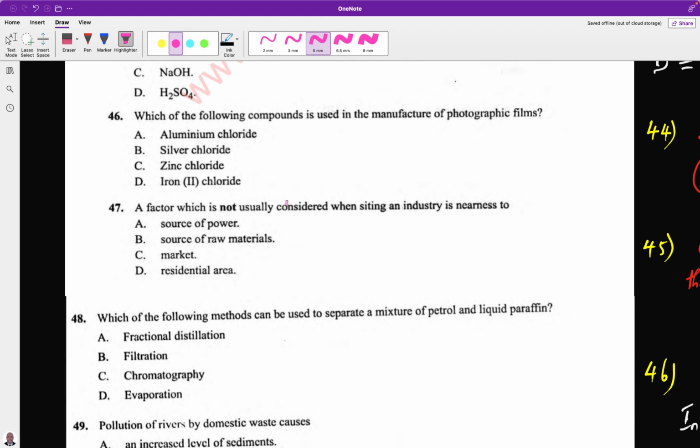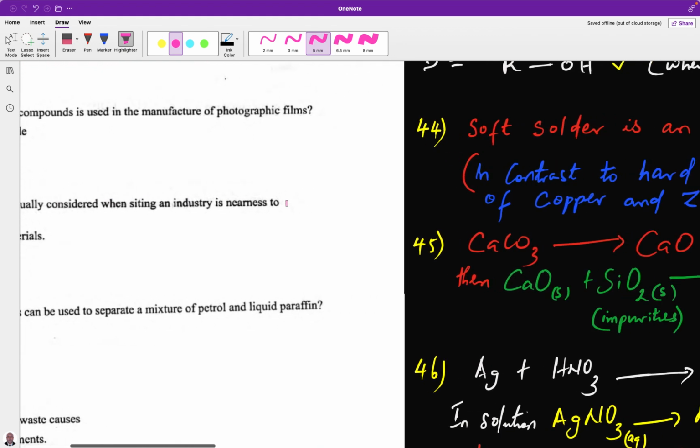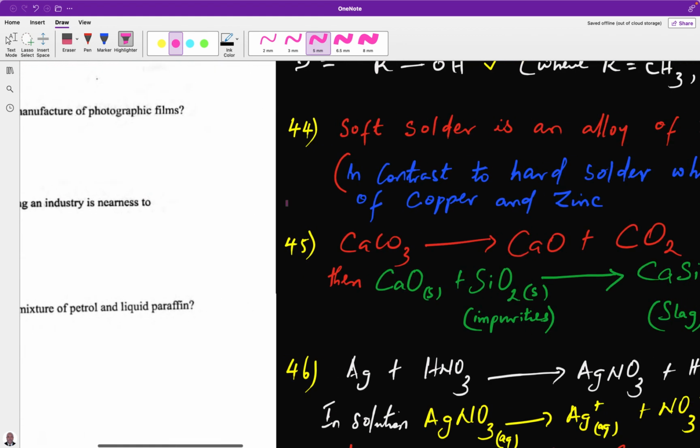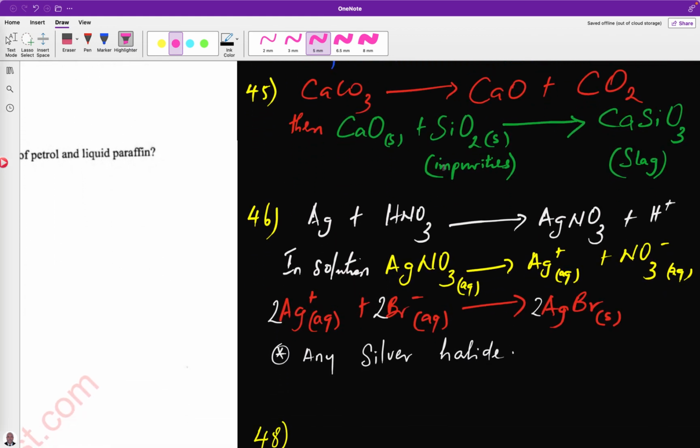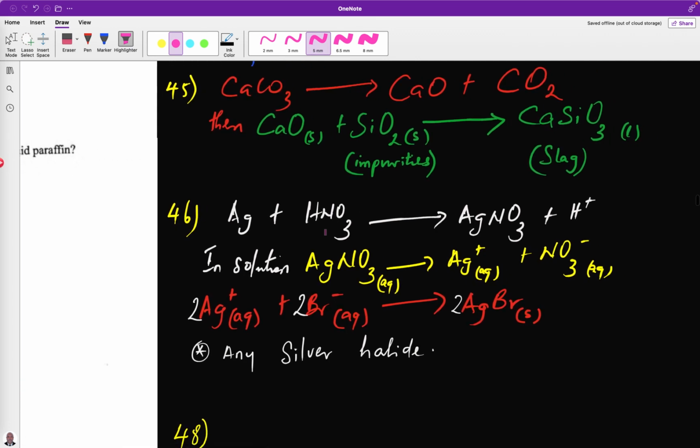When silver reacts with nitric acid, silver nitrate is formed.